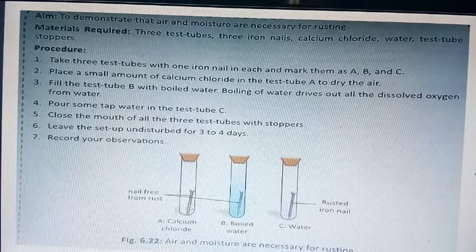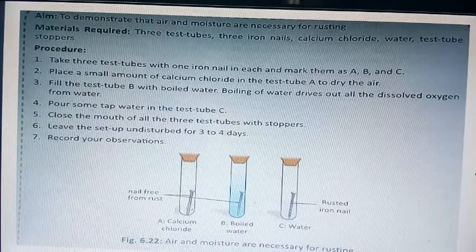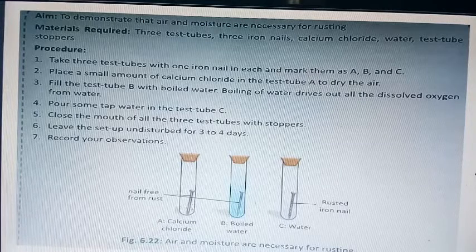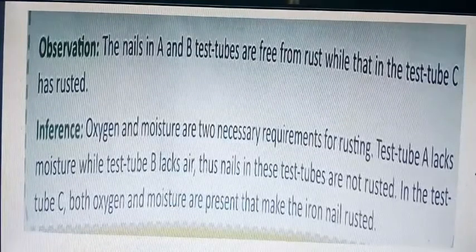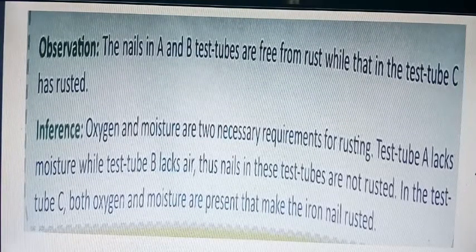In figure A, the iron nail is there in dry air. Whatever moisture is there is absorbed by using calcium chloride. In test tube B, the iron nail is kept in boiled water, and in C, the iron nail is kept in tap water. Now after 3 to 4 days, we see that the nails in test tubes A and B are free from rust, while that in test tube C has rusted.